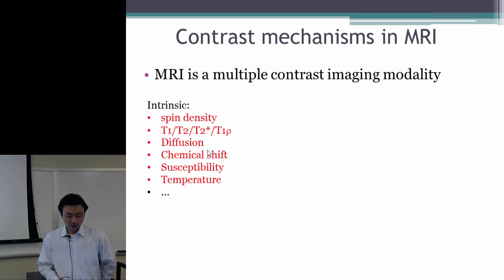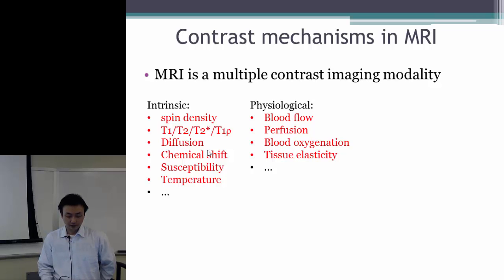Temperature can also be quantified using MRI methods. There is temperature imaging or temperature mapping, where you use the image phase, which we consider to be linearly proportional to the temperature. Temperature imaging can be used to monitor, for example, the ultrasound heating process that is used to treat certain types of tumors.